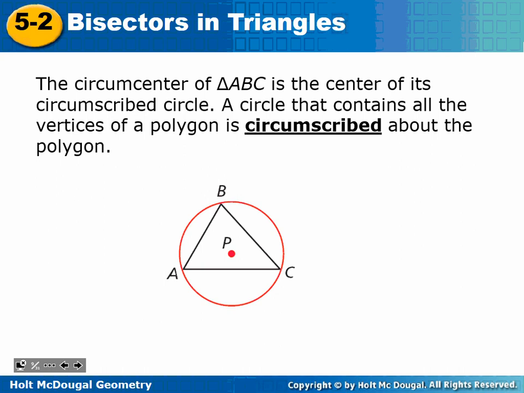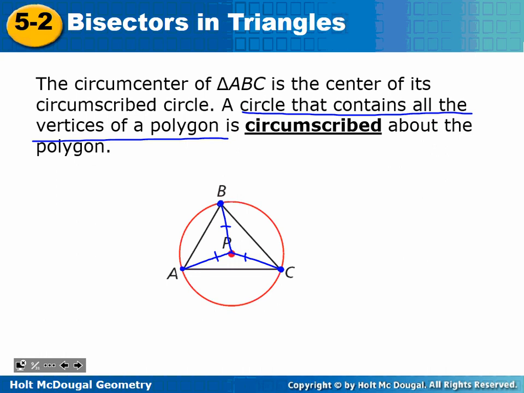A circumscribed circle is a circle that contains all the vertices of a polygon. Basically, it's on the outside of your polygon and it touches every vertex. So what do you notice if P is the circumcenter and these distances PA, PB, and PC are all supposed to be the same?